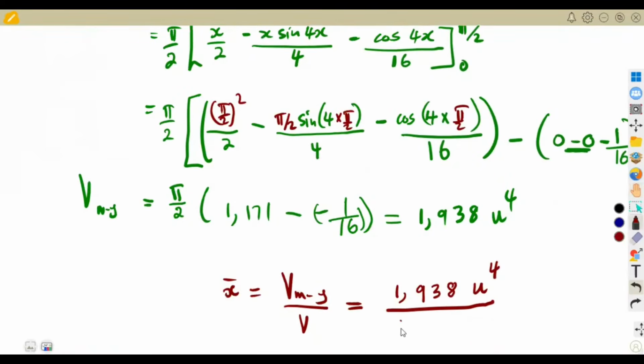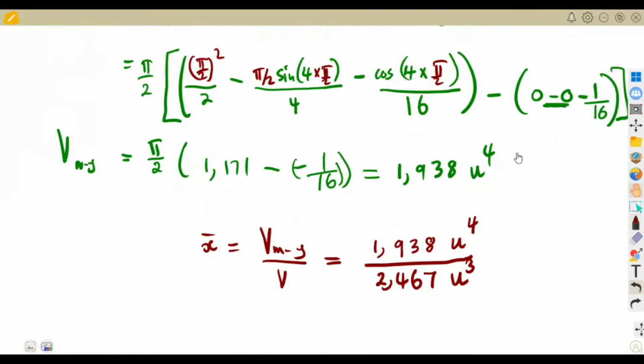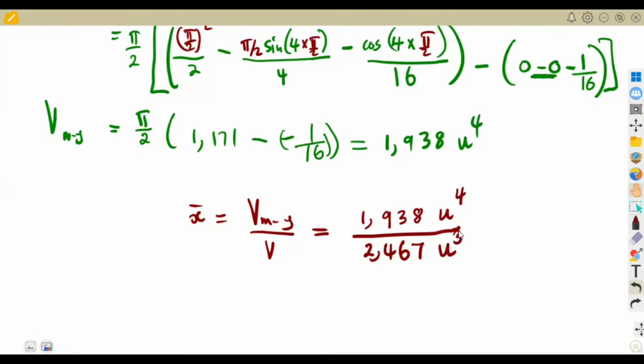So if we divide by 2,467 cubic units, it means our answer is going to be in units. The 3 and 3 cancel, so our answer is going to be in units. This will give us something like 0,786 units. All right, so that is our distance from the y-axis.